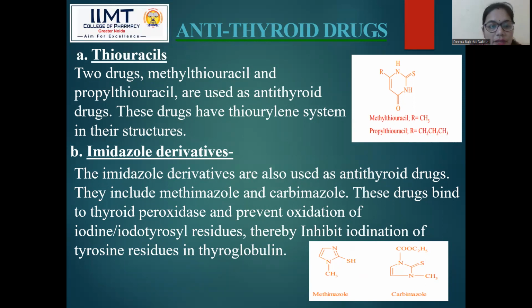They include methimazole and carbimazole. These drugs bind to thyroid peroxidase and prevent oxidation of iodine, thereby inhibit iodination of tyrosine residue in thyroglobulin. These are the structures of methimazole and carbimazole.